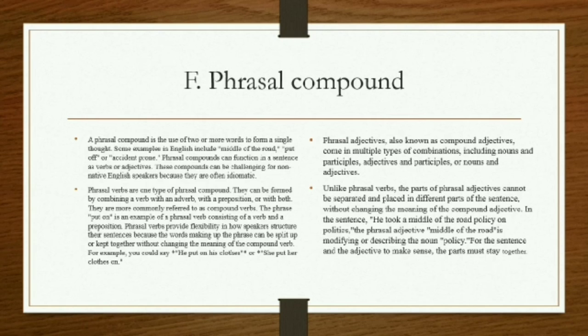In the sentence, he took a middle-of-the-road policy on politics, the phrasal adjective middle of the road is modifying or describing the noun policy. For the sentence and the adjective to make sense, the parts must stay together.